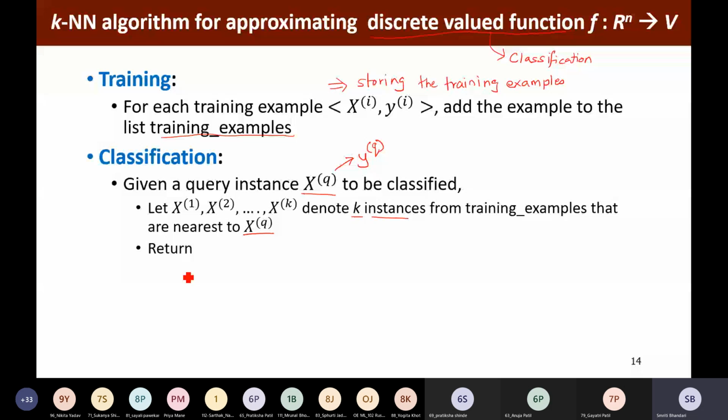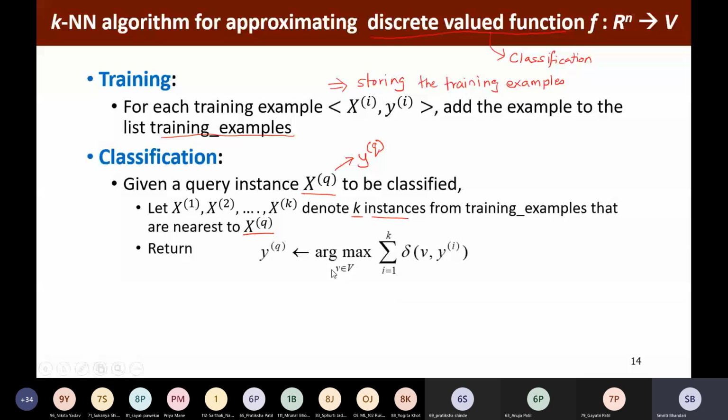We know the process for finding yq in classification: we find the most frequent class among the k instances we identified as closest. But let us try to formulate this mathematically.